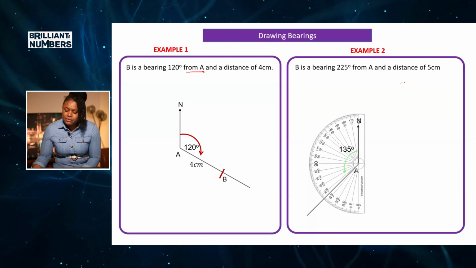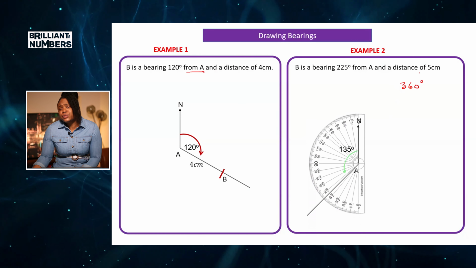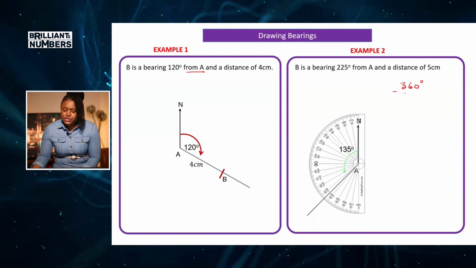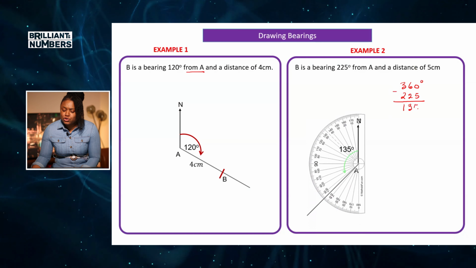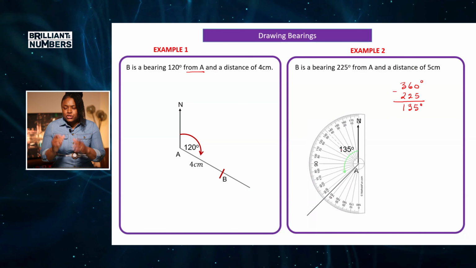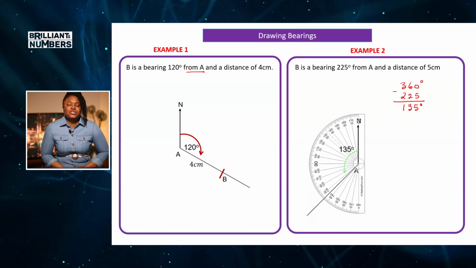So here you could have just written, let your examiner know what you're doing. Do 360 take away 225 degrees, and therefore I'm going to draw 135 degrees, just to make sure of clarity as to where that 135 came from. So now I have to put my protractor. You can see the progression here, because when we were just learning how to measure angles, we had to do this as well at the beginning, and that was nicely structured there just to build up that momentum so you could make the connection when we get here.